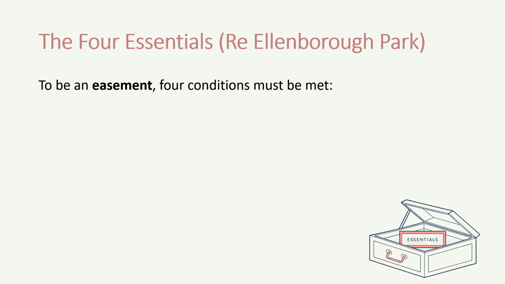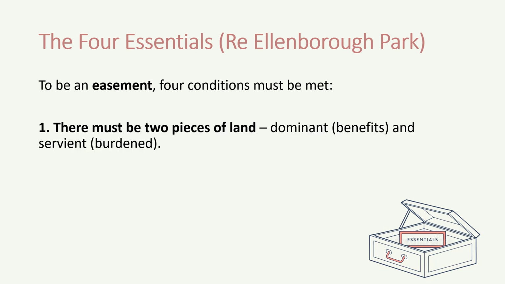If even one of those conditions failed, it will not be an easement. The first one being that we need to have two pieces of land, distinct pieces of land, and one of them must be the dominant land and the other the servient land. So remember, one land has to benefit and the other has to bear the burden. Okay.